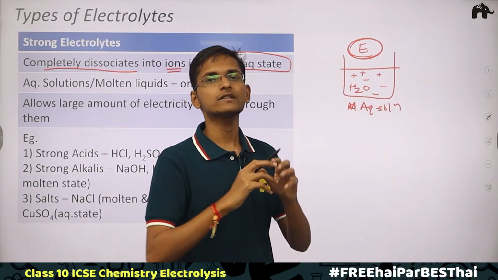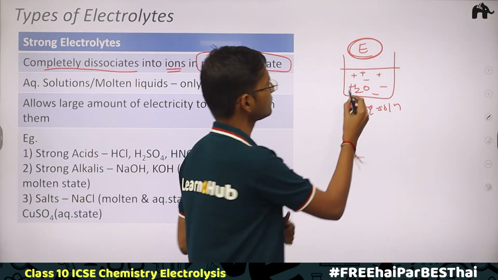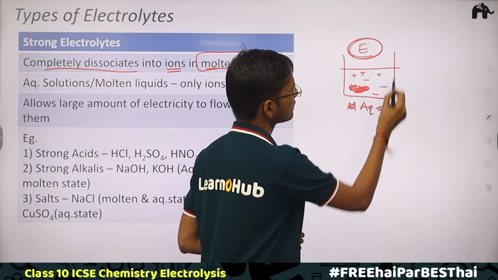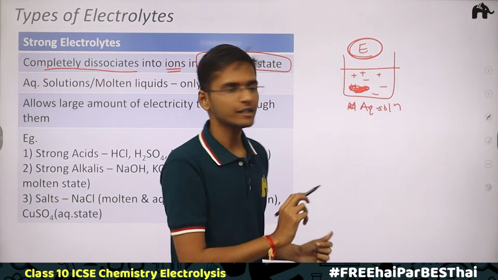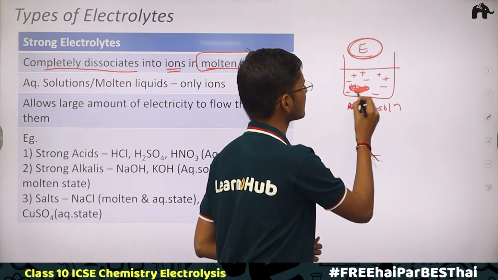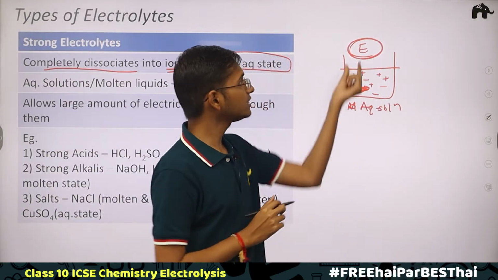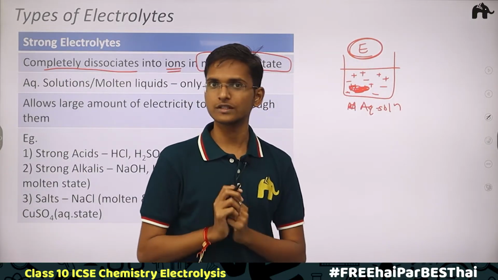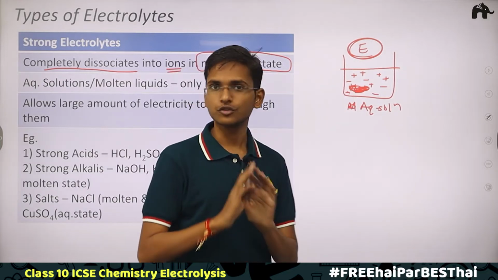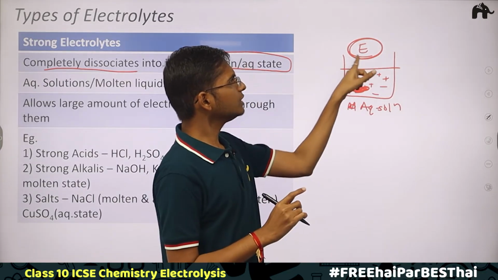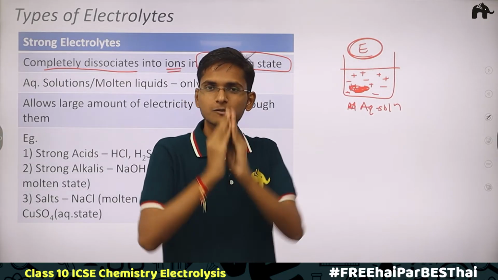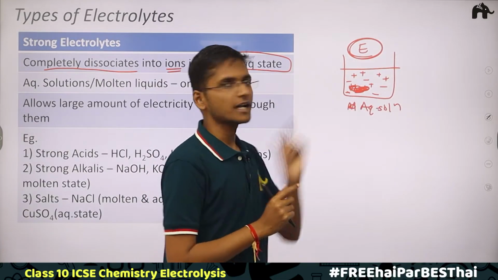Clear? This is what is called complete dissociation. So in this aqueous solution of the electrolyte, you would only find ions. You won't find the electrolyte molecules, the compound molecules. Why? Because all the molecules of these compounds have split into charged ions.